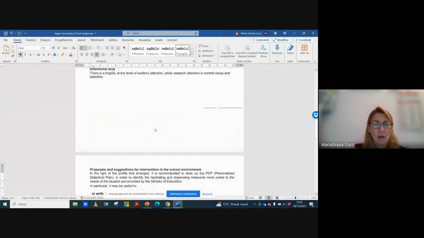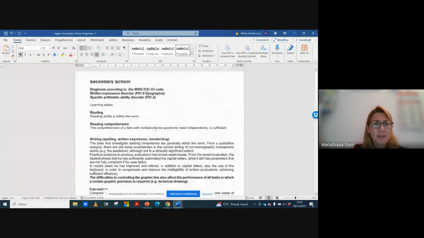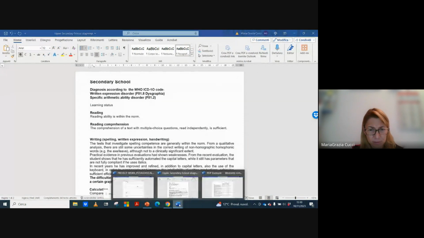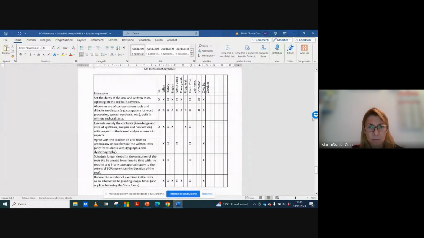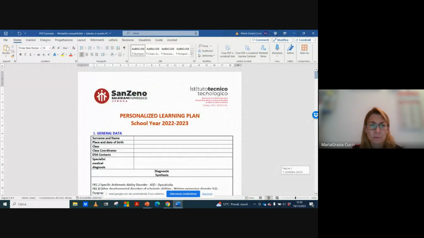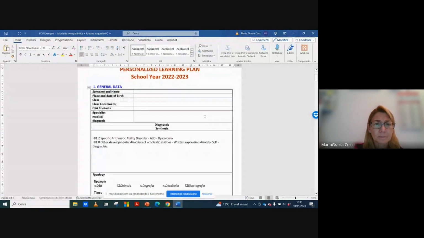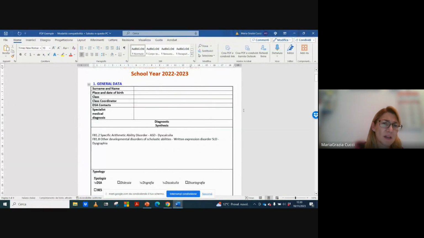So, starting from this diagnosis, what do we have as an individual learning path? This is a real one. This is my school. Of course, you have the general data of the student.